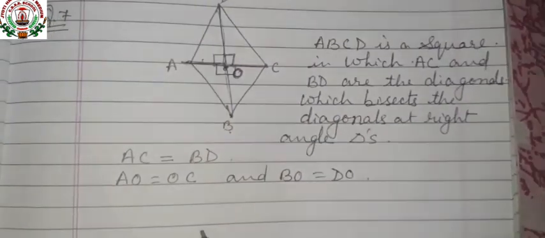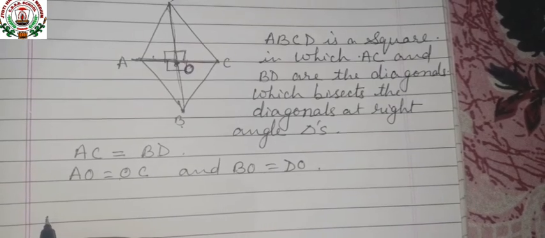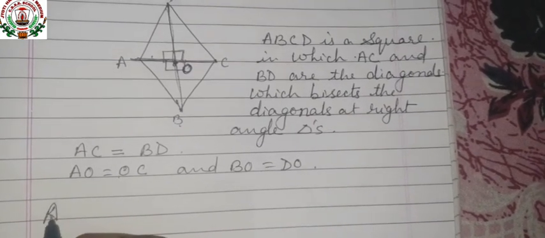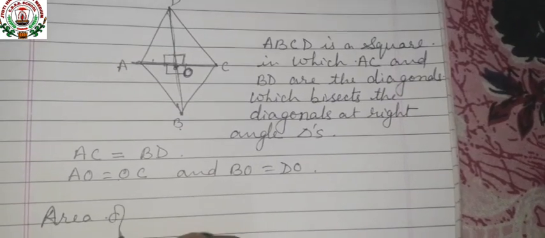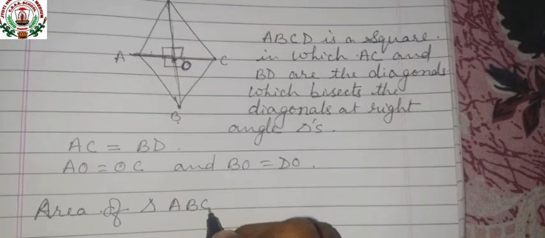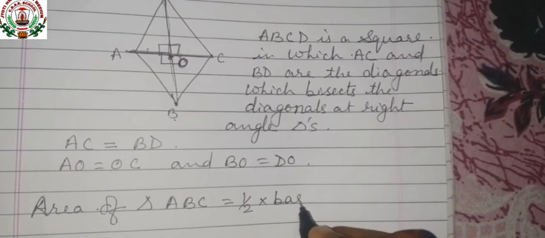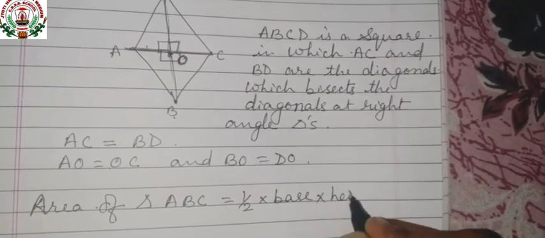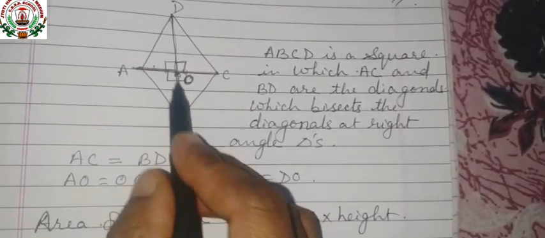Now area of triangle ABC equals to what? Half into base into height. So now according to the question, what is the height?